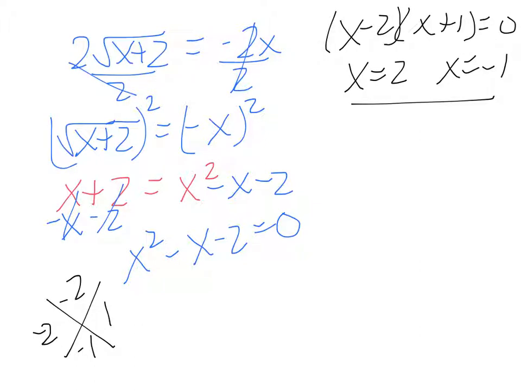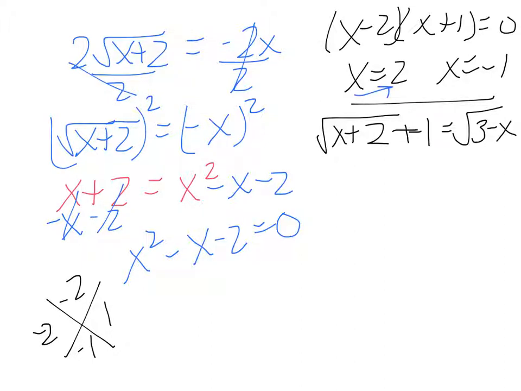And again, we're going to plug it back into the original problem, which is the square root of x plus 2, and then we have plus 1 equals the square root of 3 minus x. So we'll start with 2. If we plug 2 in, we'll get the square root of 2 plus 2, which is 4, plus 1, equals the square root of 3 minus 2, which is 1.